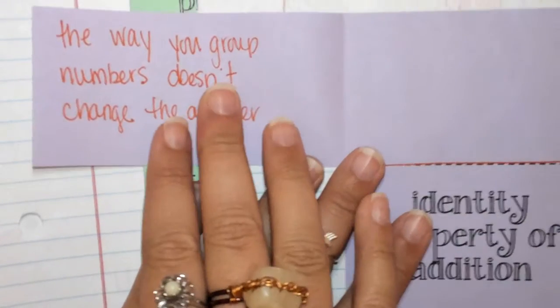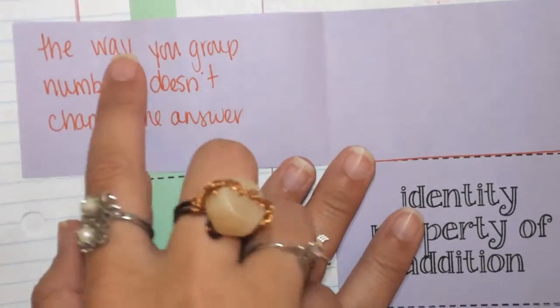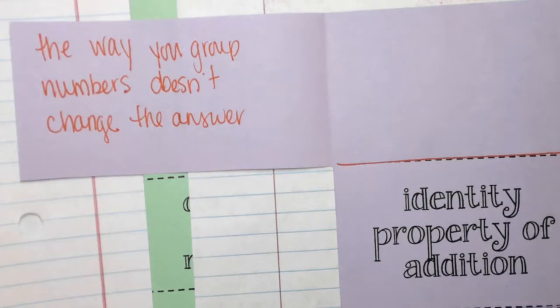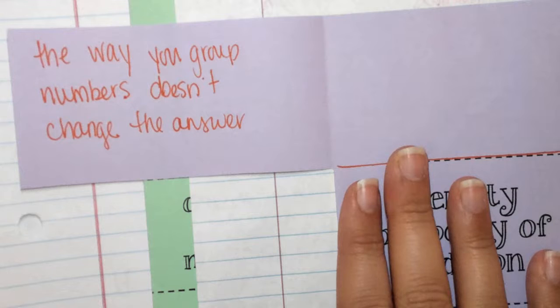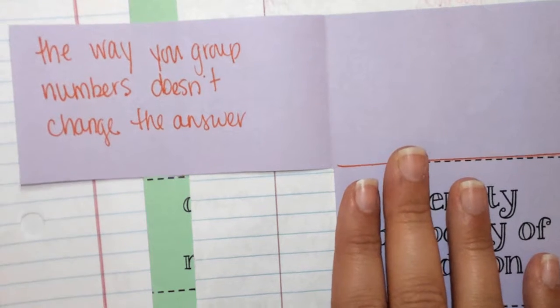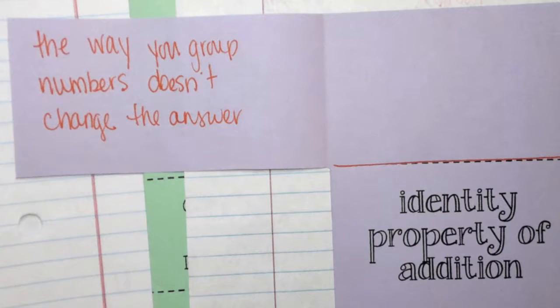Okay, so what associative property means is that the way you group numbers doesn't change the answer. Now, we know that's not true whenever we have other operations in there, right? When we moved it around with addition and subtraction, but with addition and multiplication, I'm sorry, guys. You've seen these before, right?